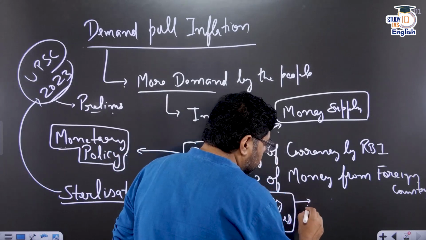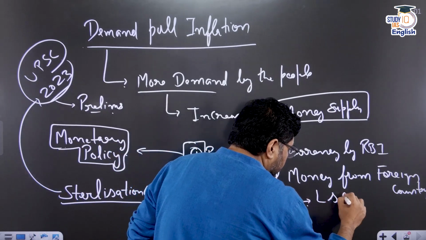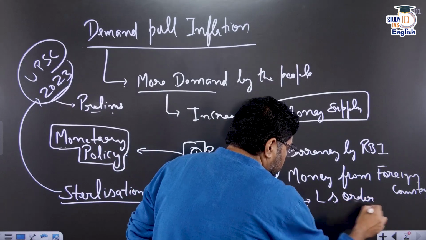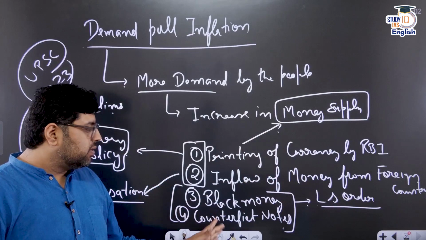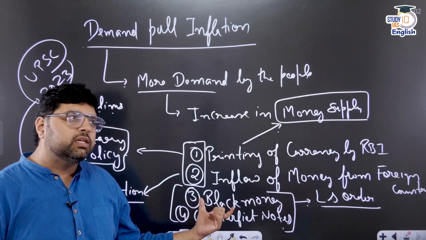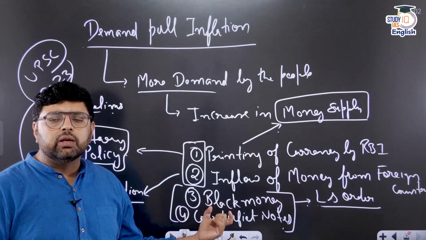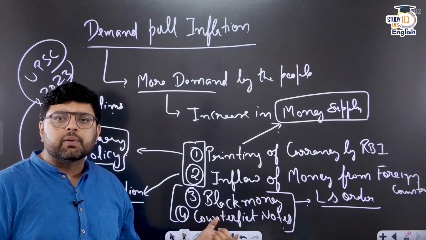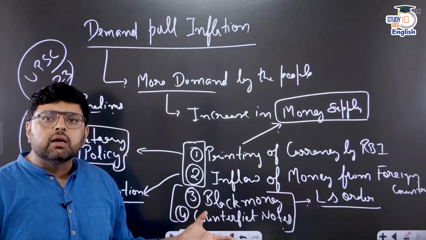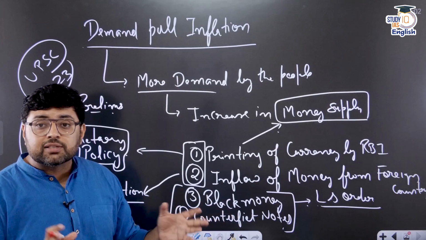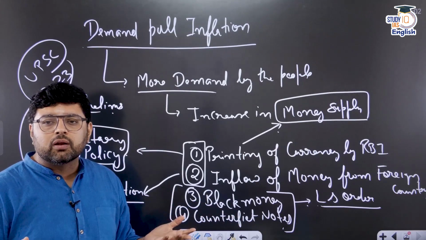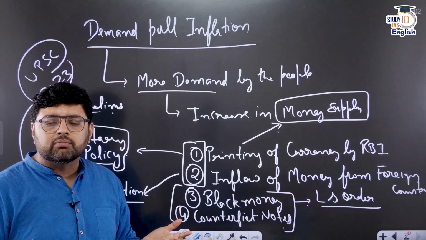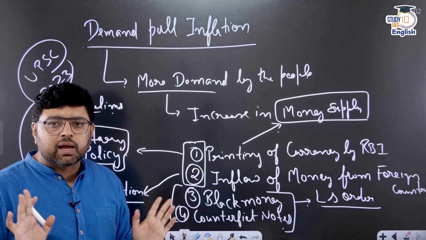Now ultimately the solution for this is law and order. Law and order is the only solution. When it comes to black money, you have seen in newspapers frequently that the income tax department or GST department are conducting raids. That is the only solution in order to catch black money. If someone is not disclosing their actual income, that becomes black money.